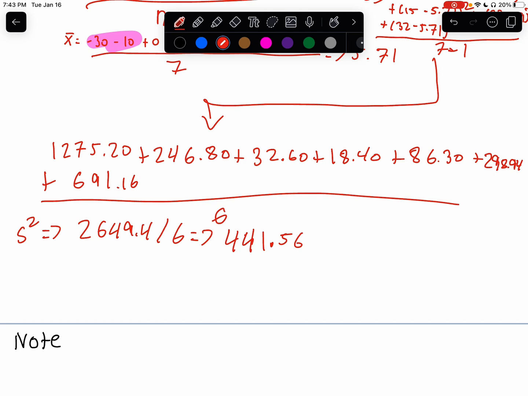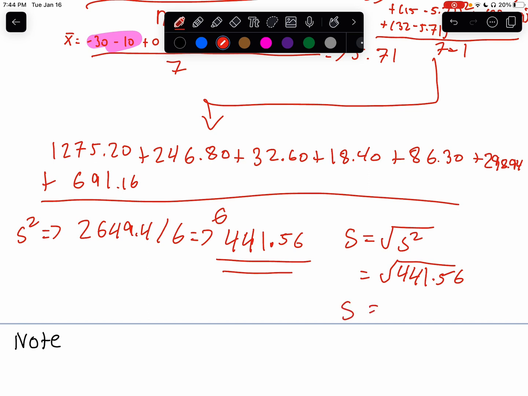You notice this value is quite big. For our s value, remember we're square rooting our variance, so we use the square root of 441.56, and we get a standard deviation of 21.013.